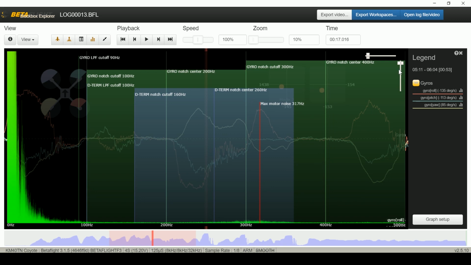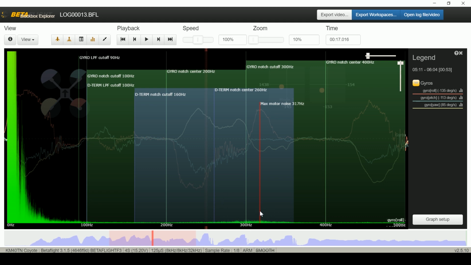And what we really should be doing is looking, this is the filtered gyro data, okay? And so this is what's after the filters. And you see how clean this is? There's like no noise anywhere, right? And that's one reason why we can afford to raise the D gain so high without burning up our motors, because again, I said the D term amplifies noise, but in this case, there just isn't any noise getting through the filters.